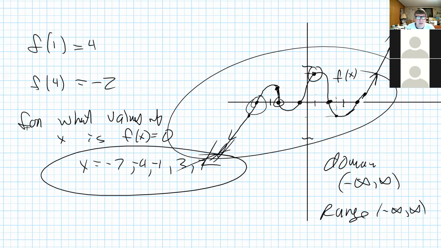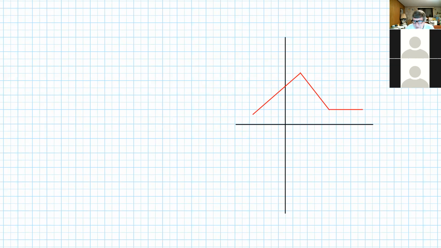Okay, let's take another look at an example. And let's say we have this, and then let's make our graph red. And let's say it looks like this, and then like that.